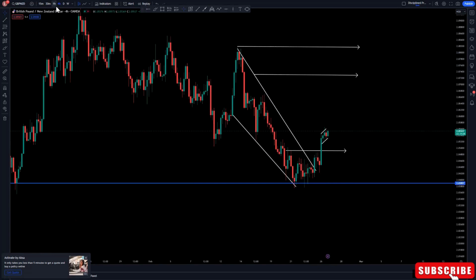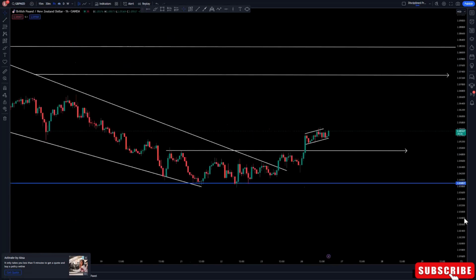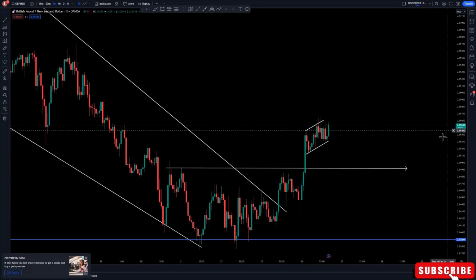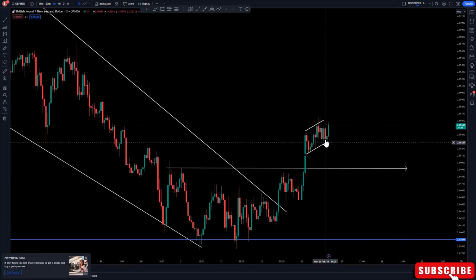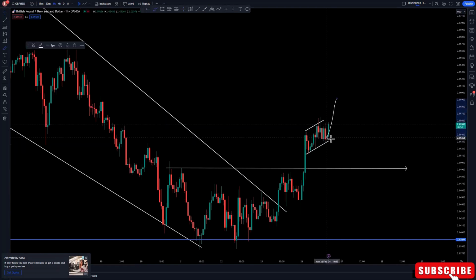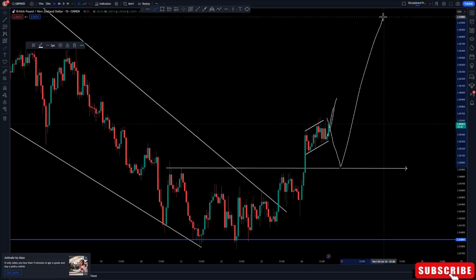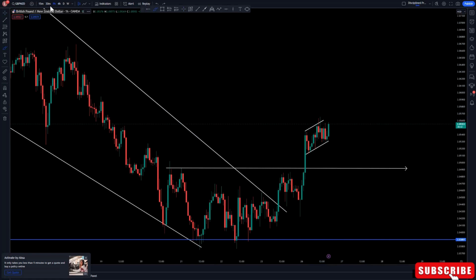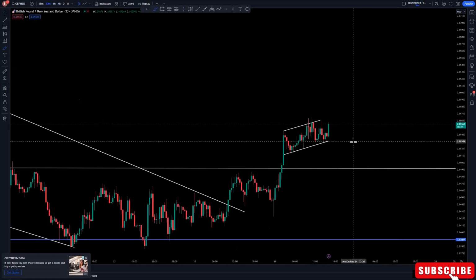But now, like I said, what's tricky is how the market is behaving currently, right? Because that is an ascending channel, but it's risky to say we would buy from there, because you can buy from there and find that it pulls back down to take out your stop loss and eventually goes to the upside. So we need to be careful here in terms of how we can get in.